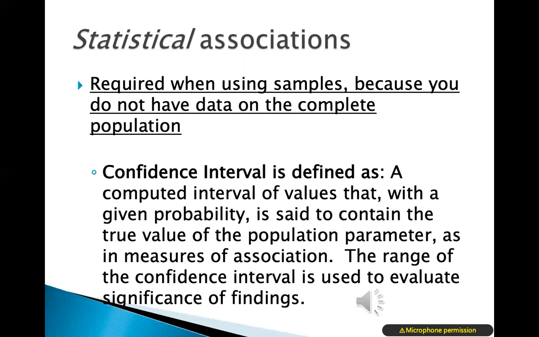Or another way of saying it is, if you did this study 100 times, the sample result that you got, the 5.2, would have fallen between 3.2 and 7.2, 95 out of those 100 times you did the study.